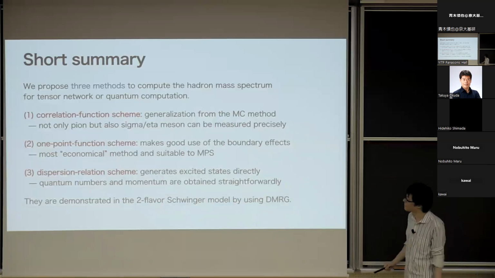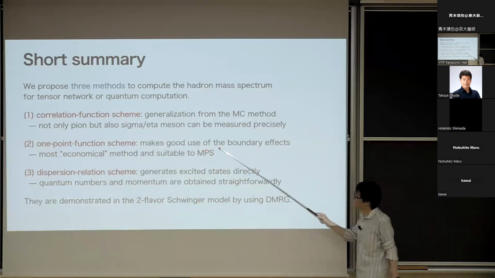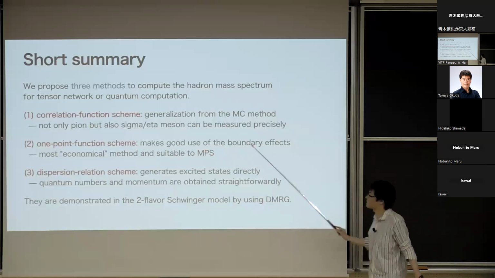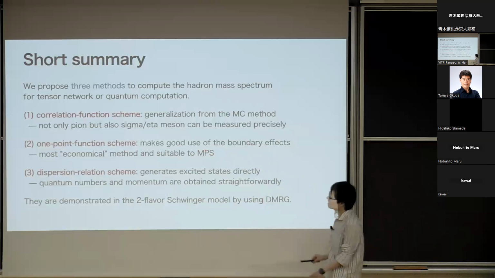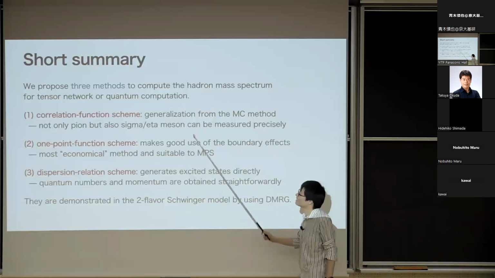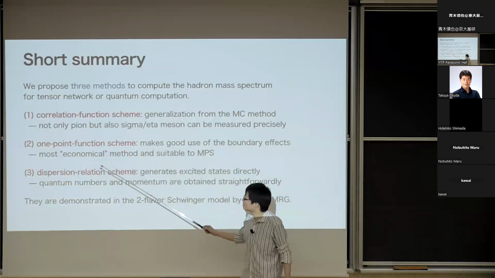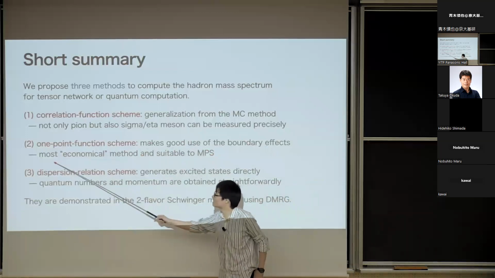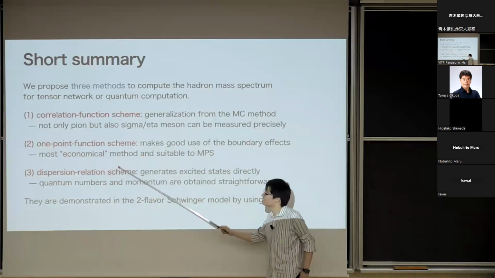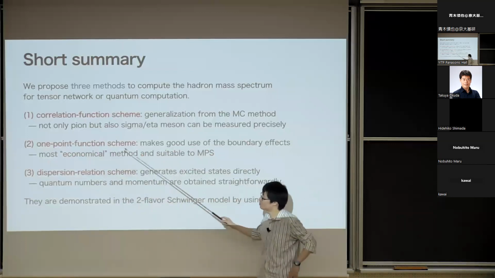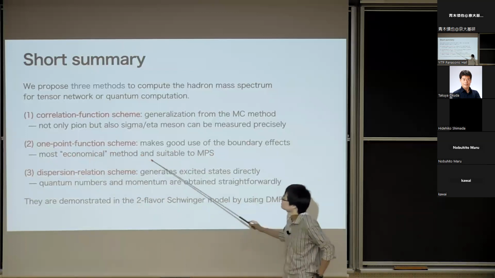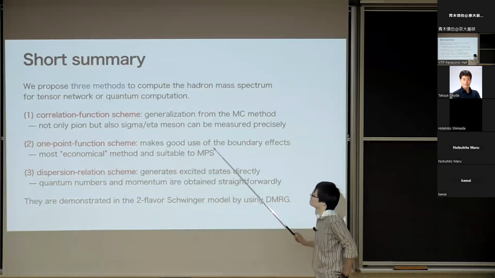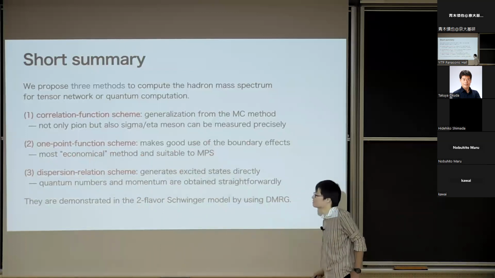But in this scheme, we use the boundary effect, and then we can obtain the mass spectrum again. The feature of this scheme is that it is the most economical. The computational cost is the cheapest, and it is also suitable for MPS, I mean, tensor networks.